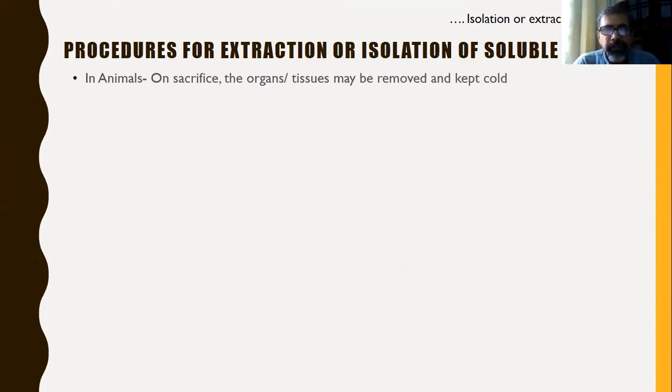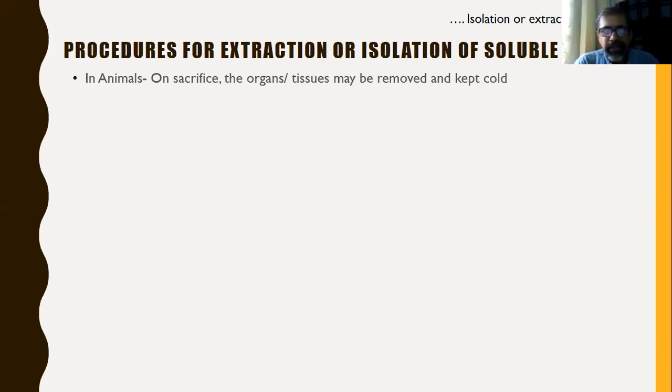In the case of plants, the organs are external, so you directly have the organs from which you can separate the enzymes. But as far as animals are concerned, the organs are internal. So the animal of interest has to be first sacrificed, and after sacrifice, the organ has to be removed, and from the organ, the tissue may be separated.